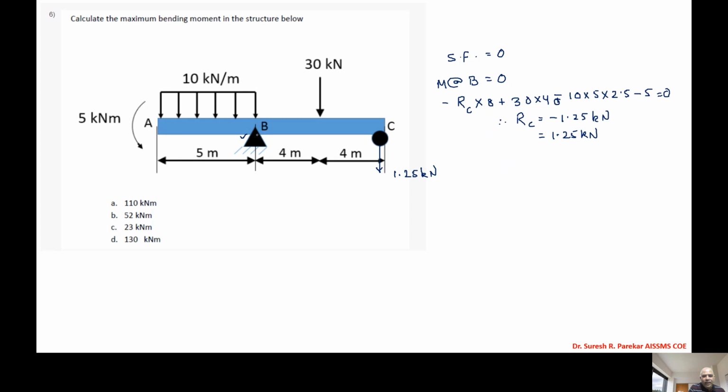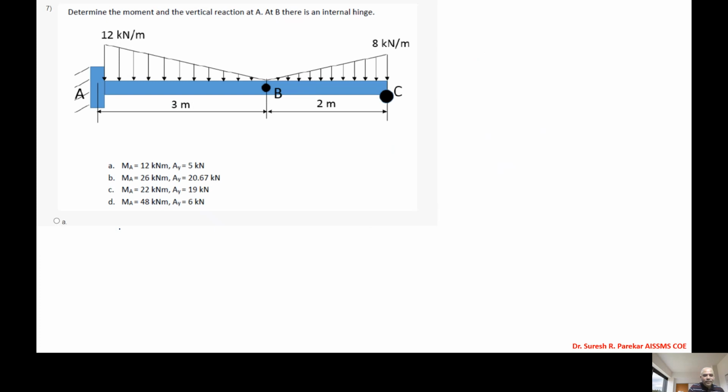So we have the bending moment at B maximum, and the moment about B is equal to minus 5 minus 10 into 5 into 2.5, and it comes to minus 130 kilonewton meter. If we do not calculate this reaction, we also know the bending moment at C is 0. So the maximum bending moment we will get at B, 130 kilonewton meter. Option is D.